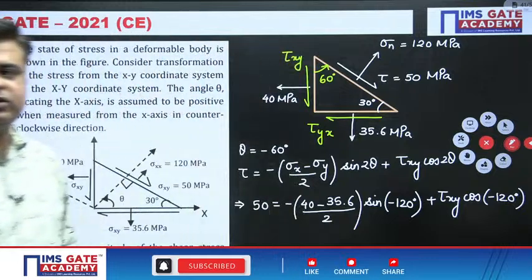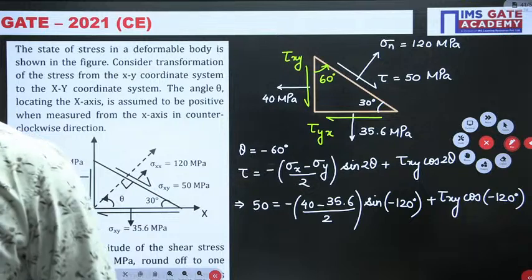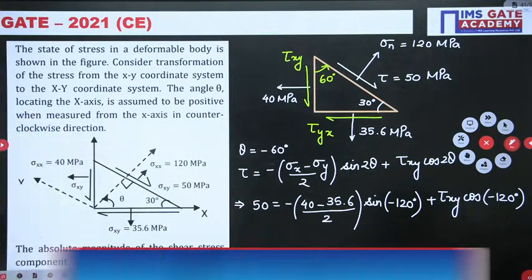Please tell me the answer for this. What is the value of shear stress, tau? So, tau is coming as minus 96.18.